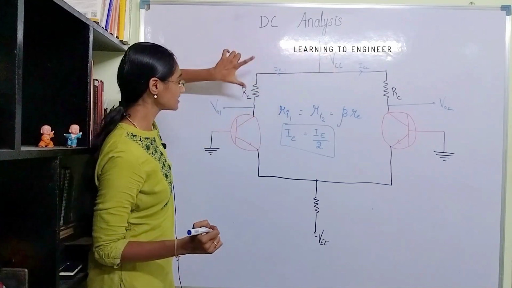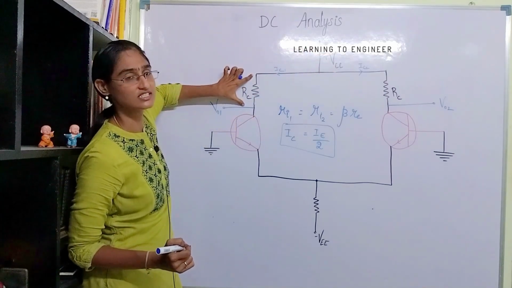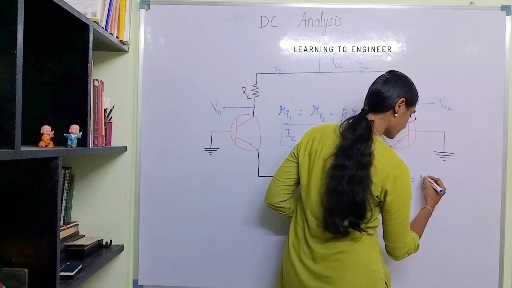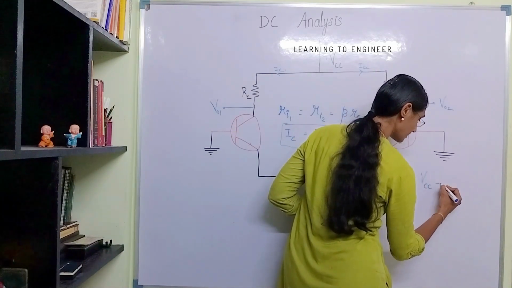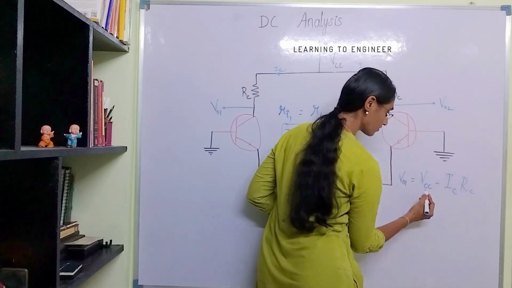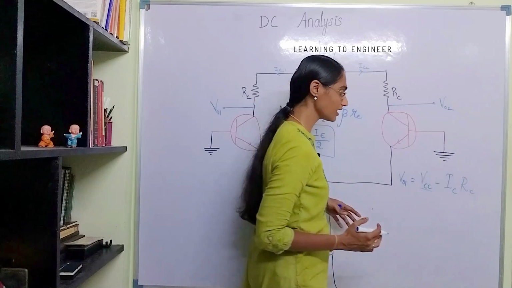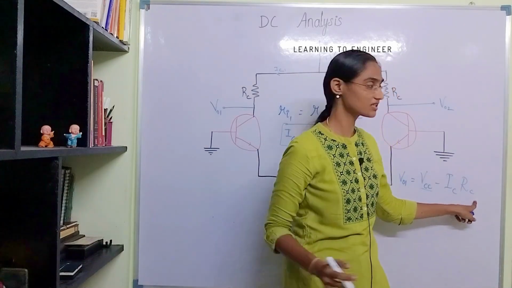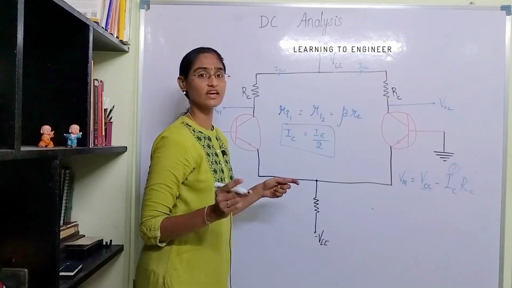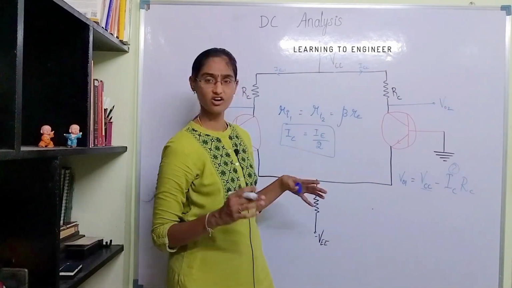This part minus the voltage drop across RC, right? So VO1 is equal to VCC minus IC into RC. VCC we know we are going to supply, RC we know, we have designed the circuit. What is IC? To find IC, we either need to find IE or IB.